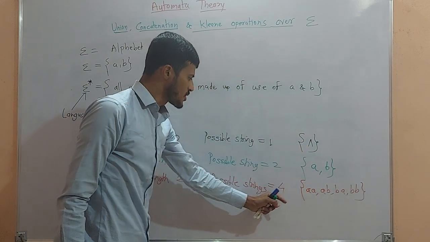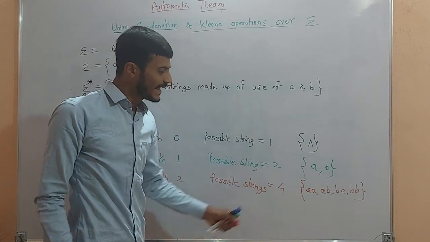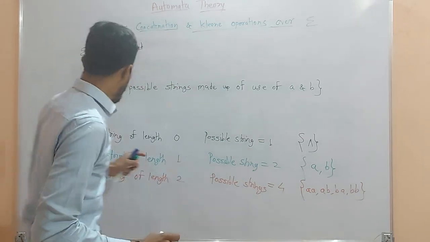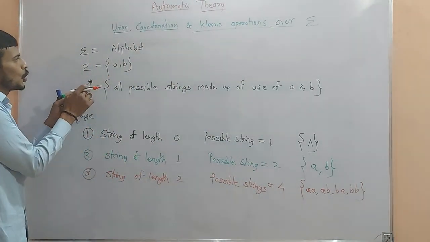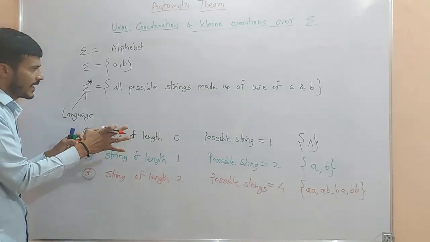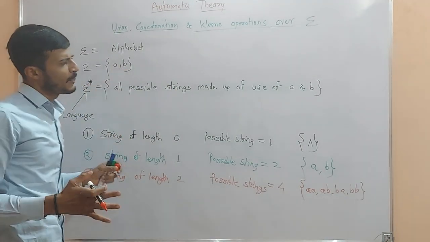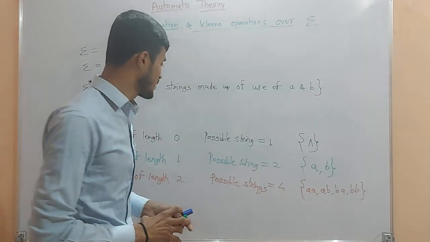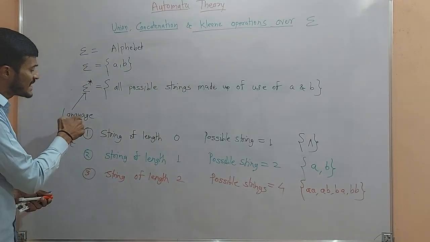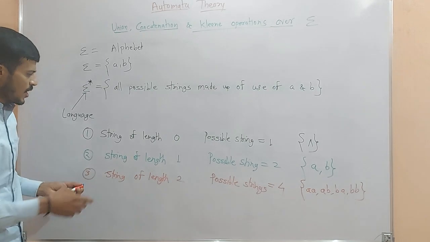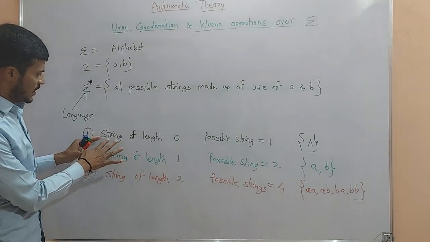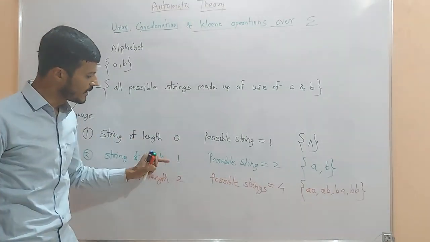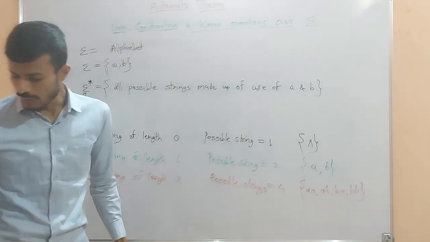So all these are possibilities, and it will be extended till infinity, because it is a language over A and B. Whatever the possible combination of A's and B's together, that will be nothing but the strings in the given language. So these are some examples: strings of length 0, 1, 2, and onwards it will continue.